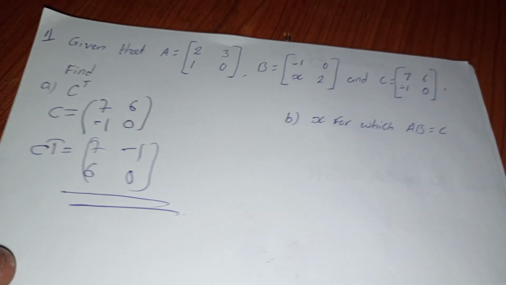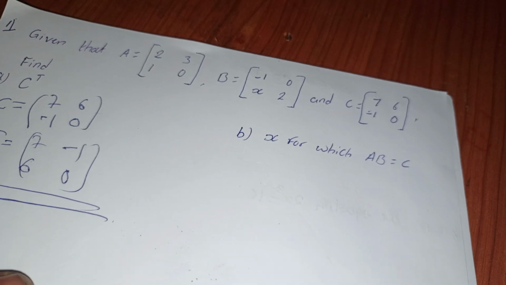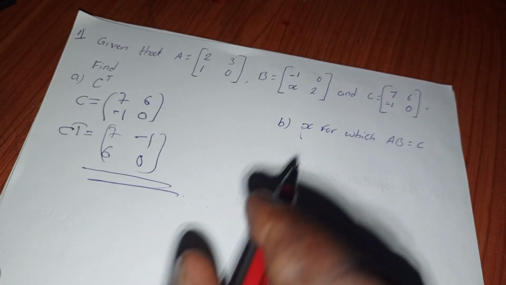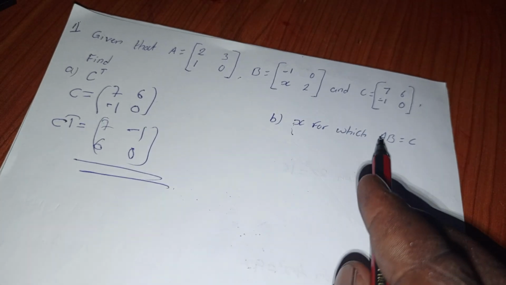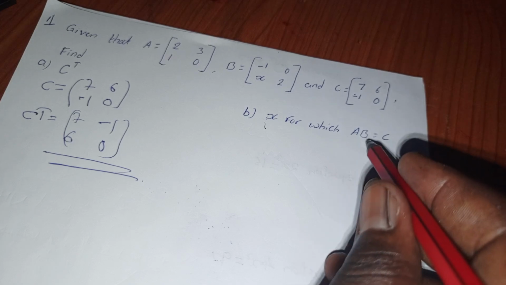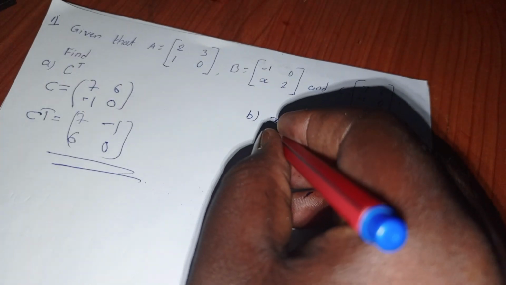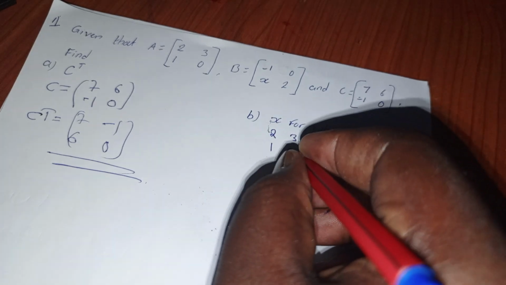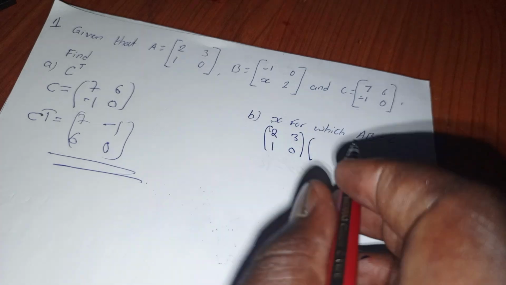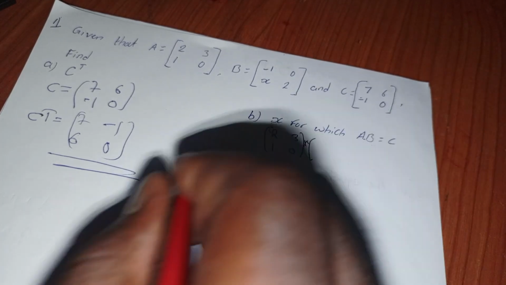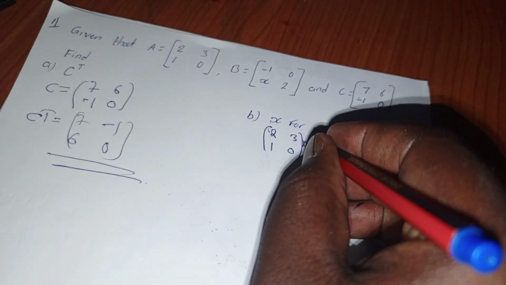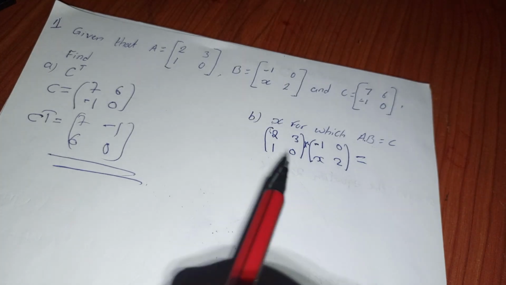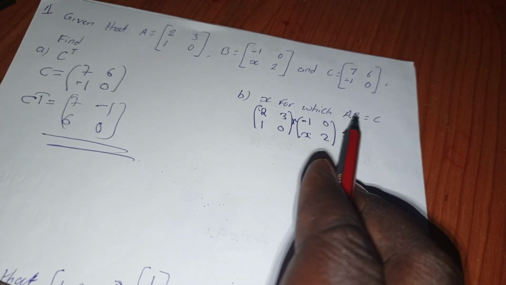The question B says find x for which AB is equal to C. So my AB here, my A is 2, 3, 1, 0, and there's multiplication here, and my B is -1, x, 0, 2, which is equal to AB.